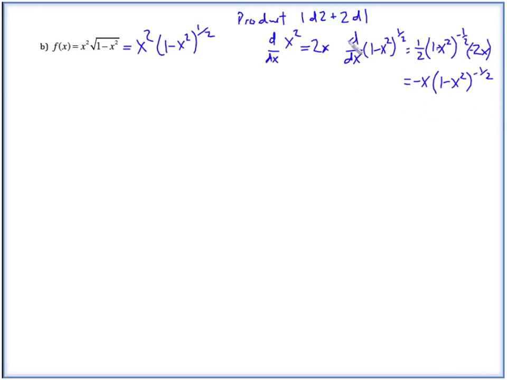Okay, so right here is actually where we ended up using our chain rule. Happened to be first this time. So let's go ahead and find the product rule now.